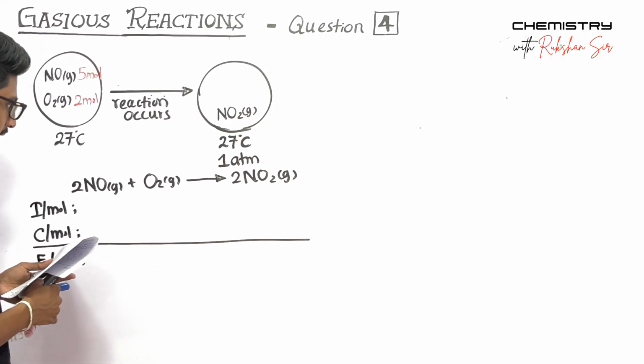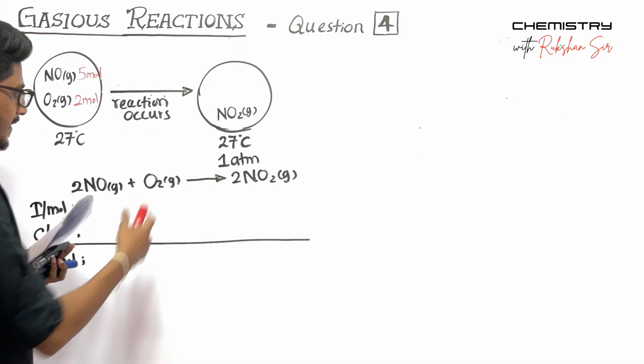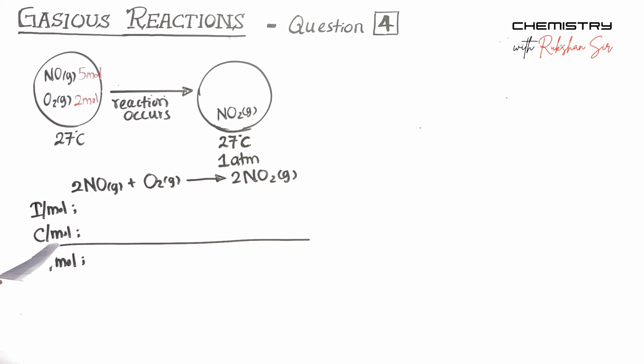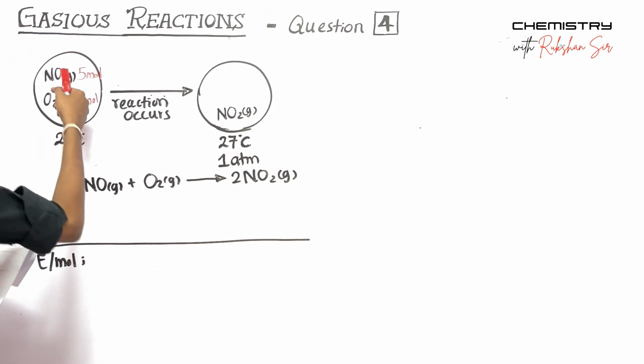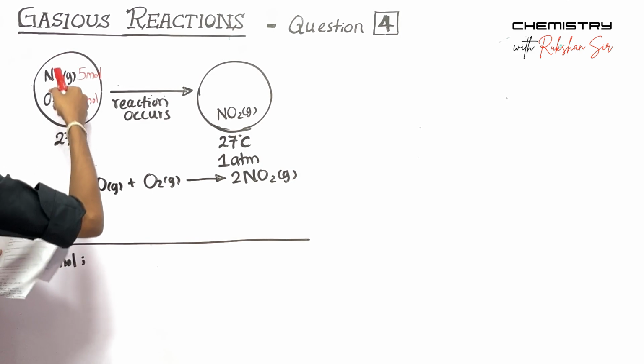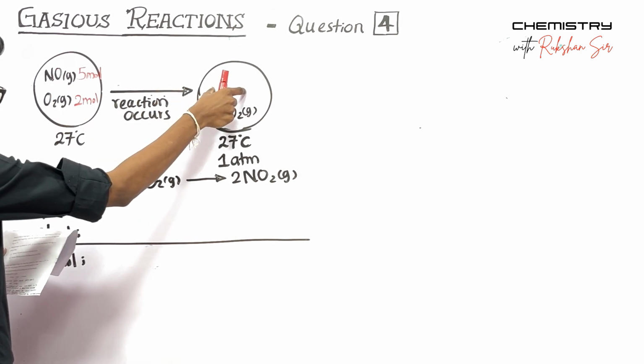So let's find out the limiting reagent here. It's a complete reaction, so definitely one out of these two won't appear here. So this is the initial state, and this is the end.